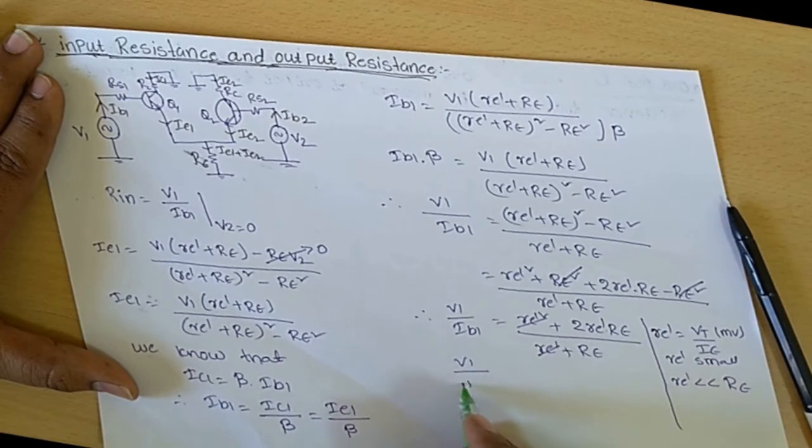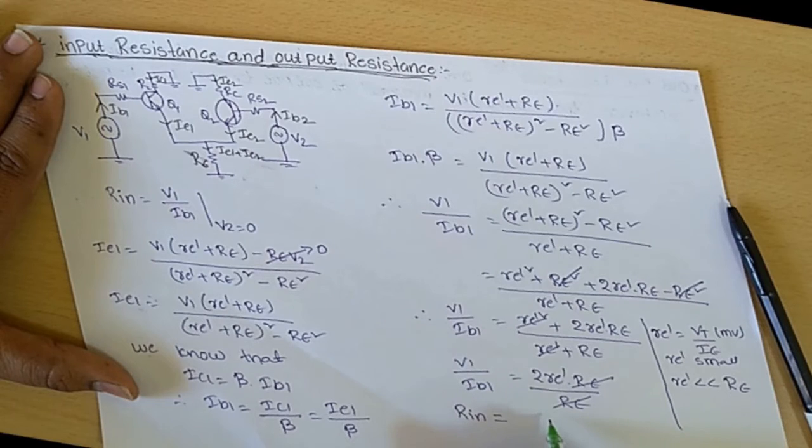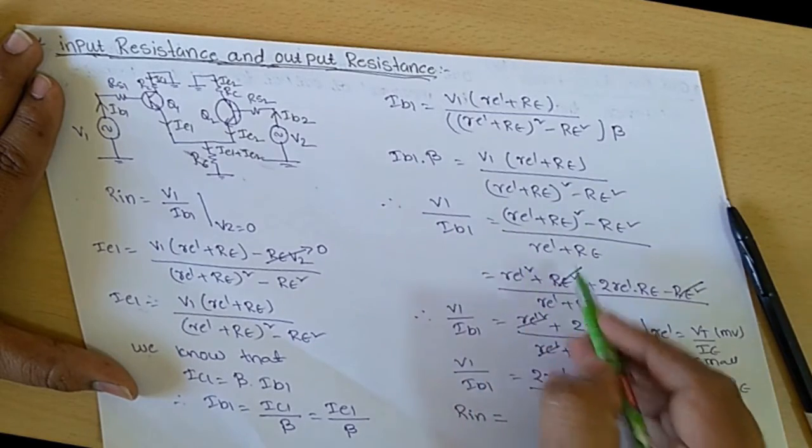Therefore V1 by IB1 equal to 2 into RE dash into RE whole by RE. Okay, so these two terms cancel. Therefore input resistance of the differential amplifier equal to, here we forgot the beta value.